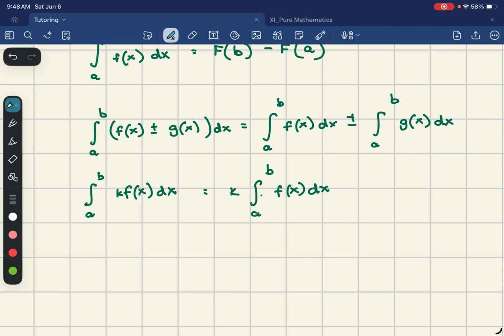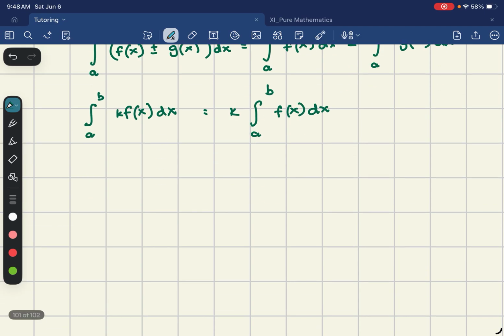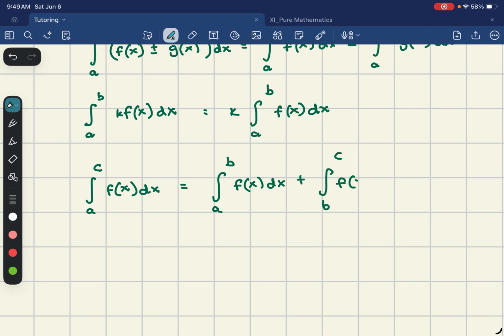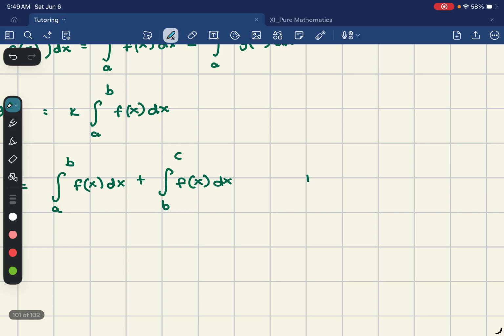So now, instead of just integrating, you also have the bounds. And one final rule that we probably won't be using, but it's still helpful to know, is that if you're integrating f of x dx from a to some value c, then it's the same as integrating from a to b and then integrating from b to c, where b is within the open interval a and c.